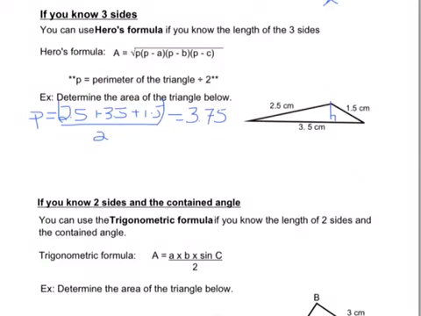Okay, once you've found P, now we're going to go ahead and find A. So the area is equal to the square root. Now we're referring to this formula up here. So we have P times, so my P is 3.75, times P minus A. So 3.75 minus A. So I have to look back over to my triangle.